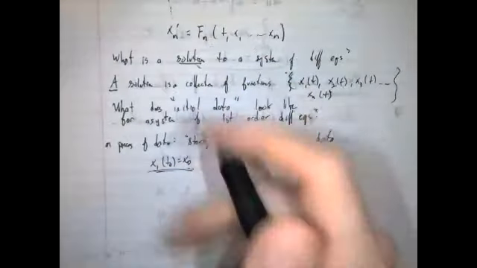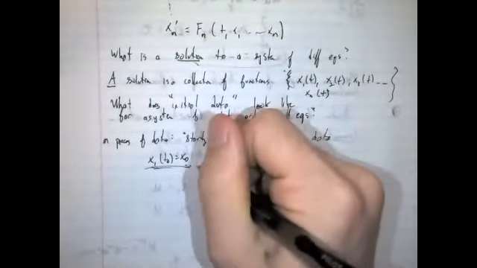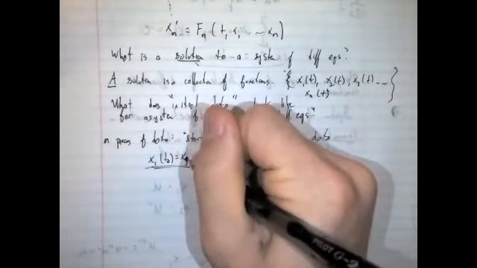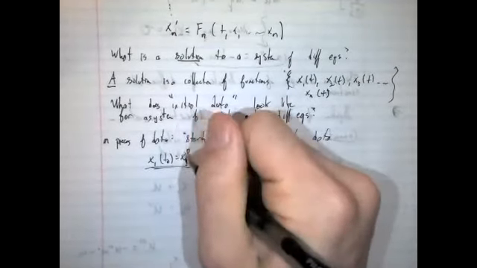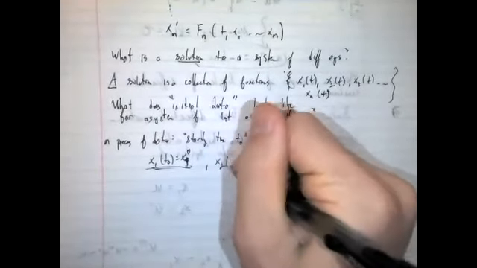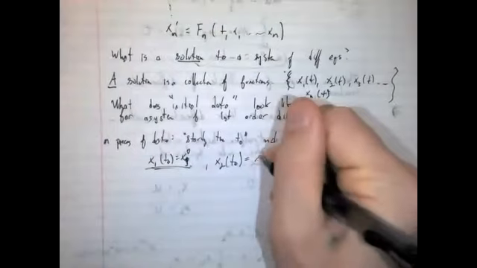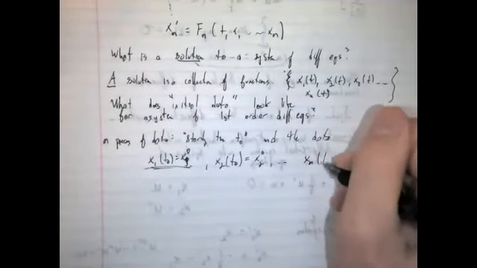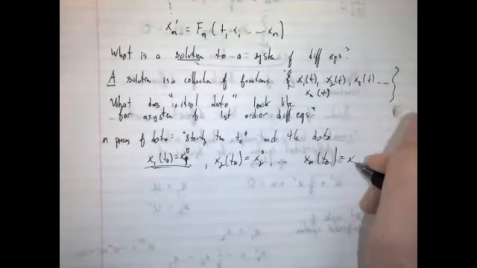But yes, what I should be expecting is x1 at t0 equal to x1 naught, for some number, which is some initial data. x2 at t0 should be equal to x2 naught, all the way up to xn at t0 should be equal to xn naught.